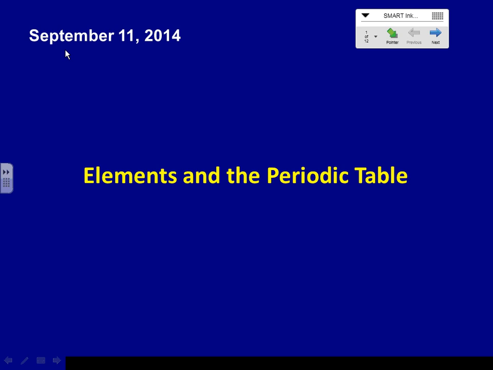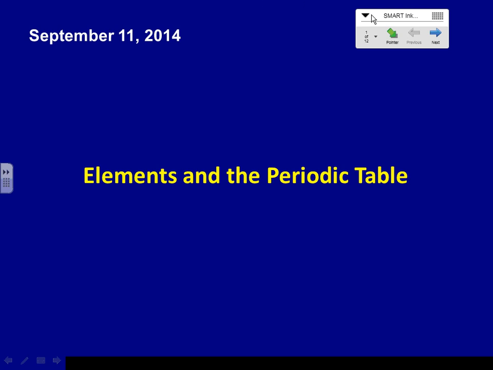What happens when we put two chemicals together, two compounds together, how do they react? So that's the logic behind the order in which we do things. We're starting with the simplest things, the elements and the atoms and the way they behave. Then we'll put them together to form compounds, and then we'll put elements and compounds together to form chemical reactions.